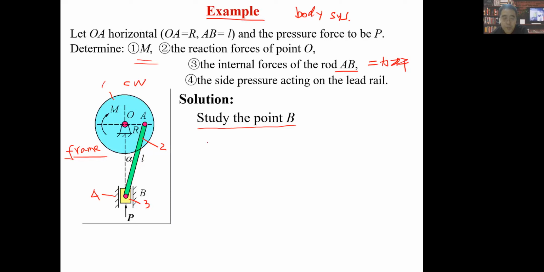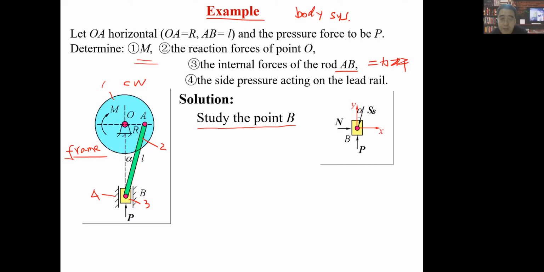So we should imaginarily free this slider B from this whole system. But because it's an assumption, not for real, we should use the reaction force accordingly to replace the action force of all the other parts on this slider B. So you see, its force analysis is like this, right?